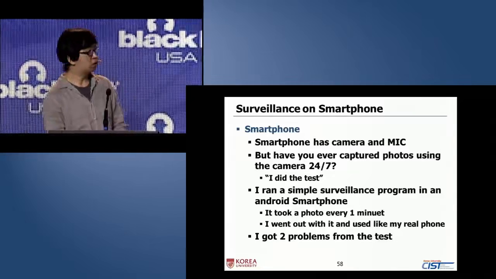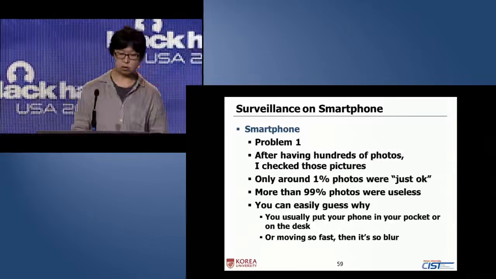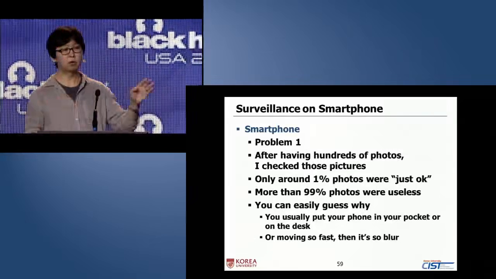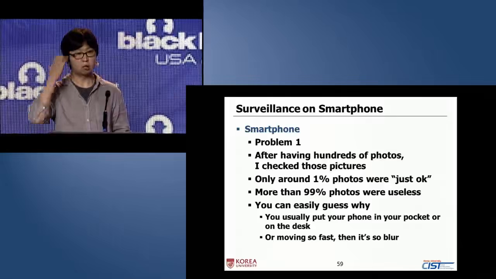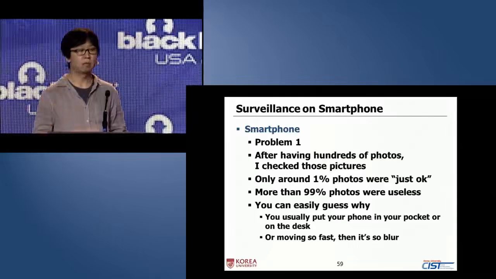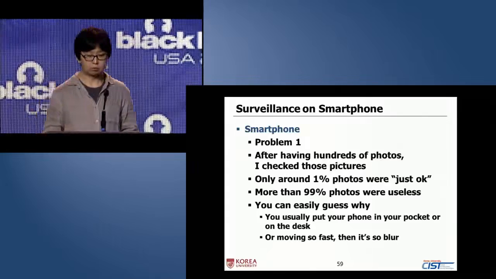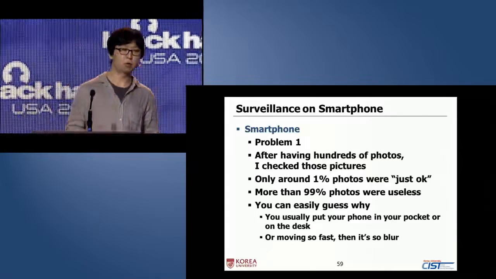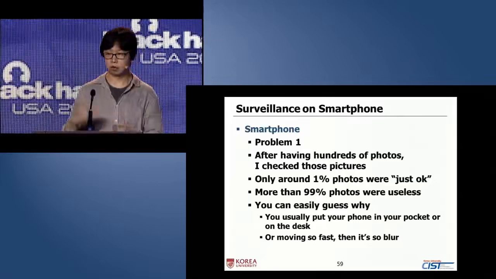I got two problems. The first one is that most of the time your phone is on your desk or in your pocket, so most of the pictures you take are black or white or very noisy. Only 1% of the photos were okay, but the other 99% were useless, I mean, for attackers.